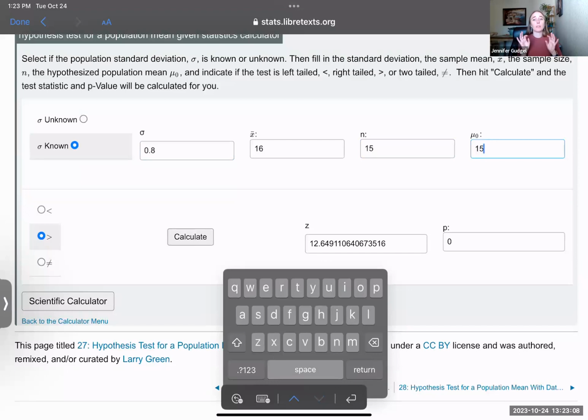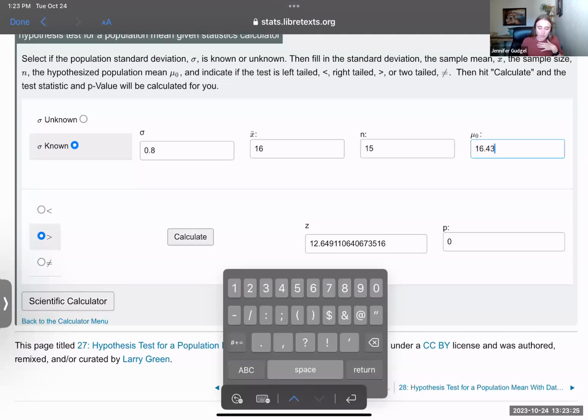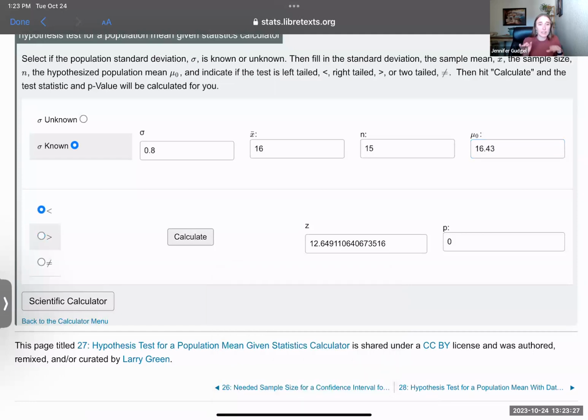Please make sure you're writing these into your notes so that later you can compare as you do your own homework. So we are putting in 16.43 because that's what he compared his average to. And our alternative is that mu is less than 16.43.